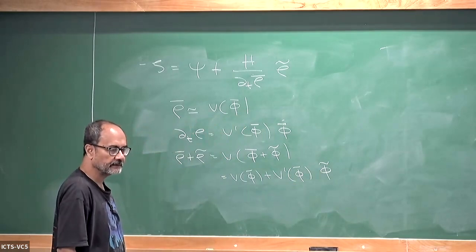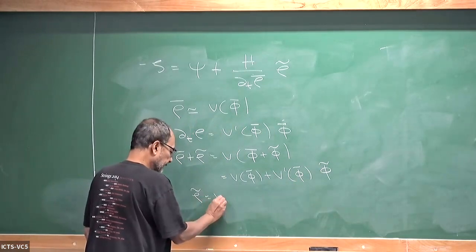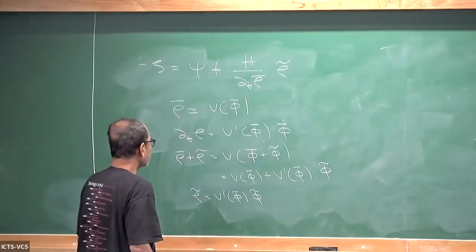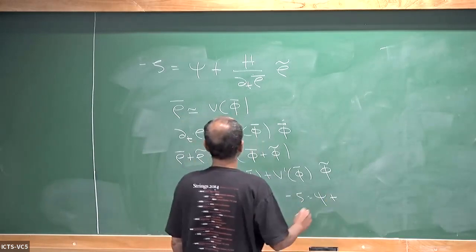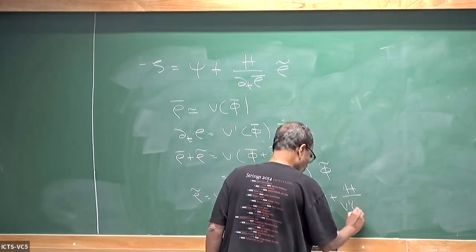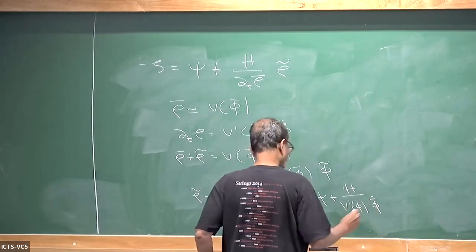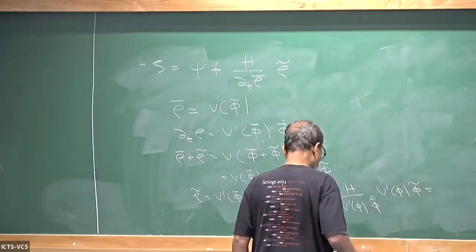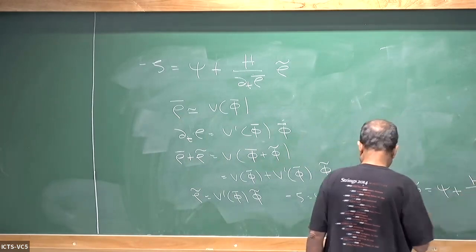So you see that rho tilde is V prime of phi bar times phi tilde. So minus zeta plus psi plus H over, these are all phi bars.